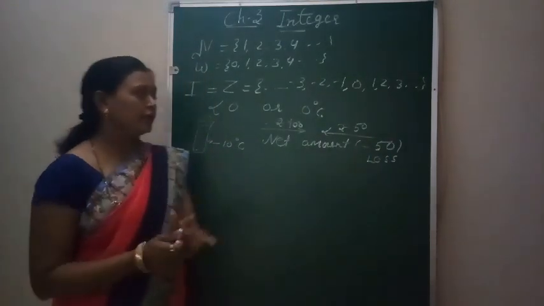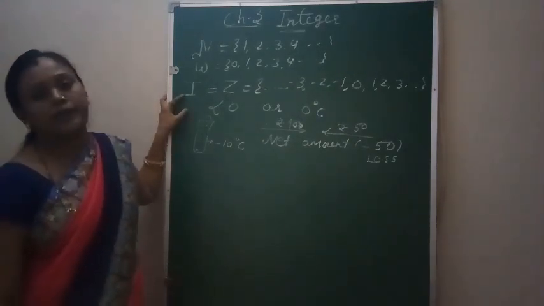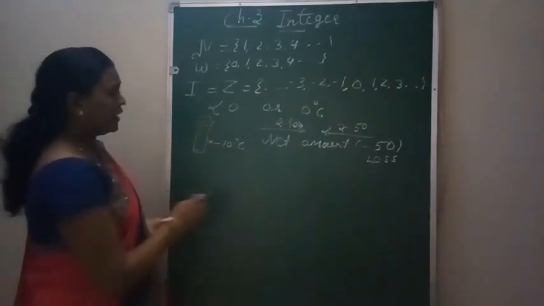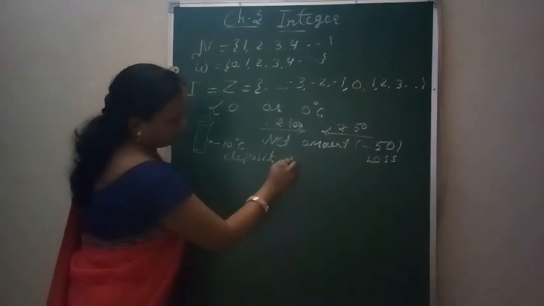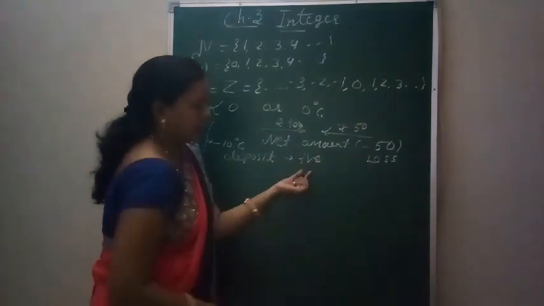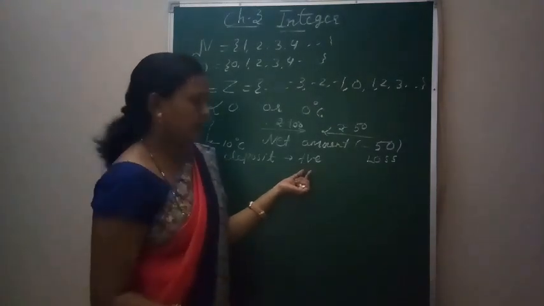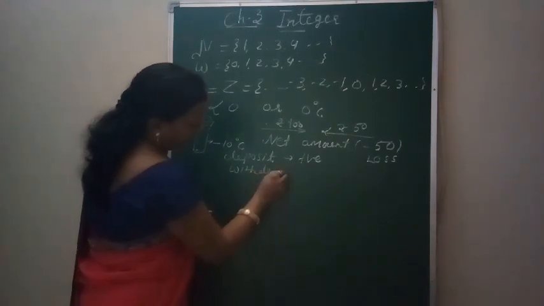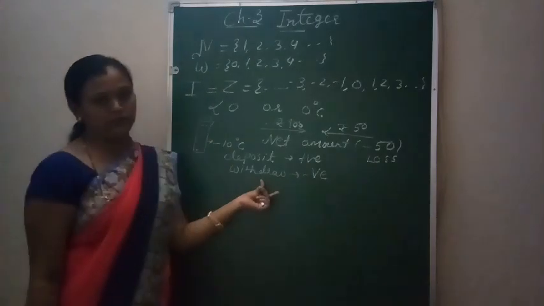So in our day-to-day life, there are many situations when we use negative integers. Like when we deposit money in a bank, we say this is a positive integer or positive number. But when we withdraw an amount, this is a negative integer.